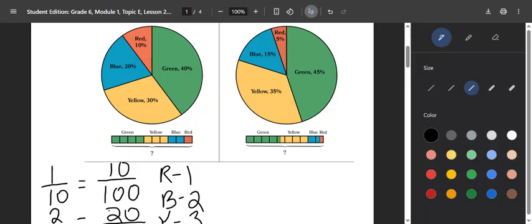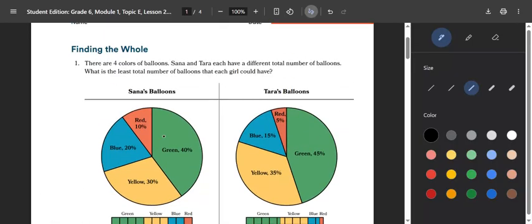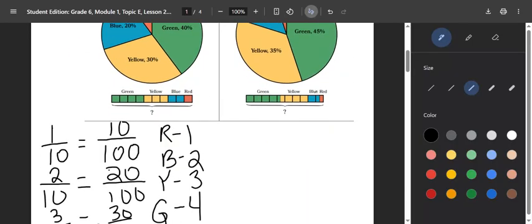And you cannot have a half of a balloon. So if each of these unit values is 1, like they are for Sana's balloons, then you're cutting a balloon in half, which you cannot do.